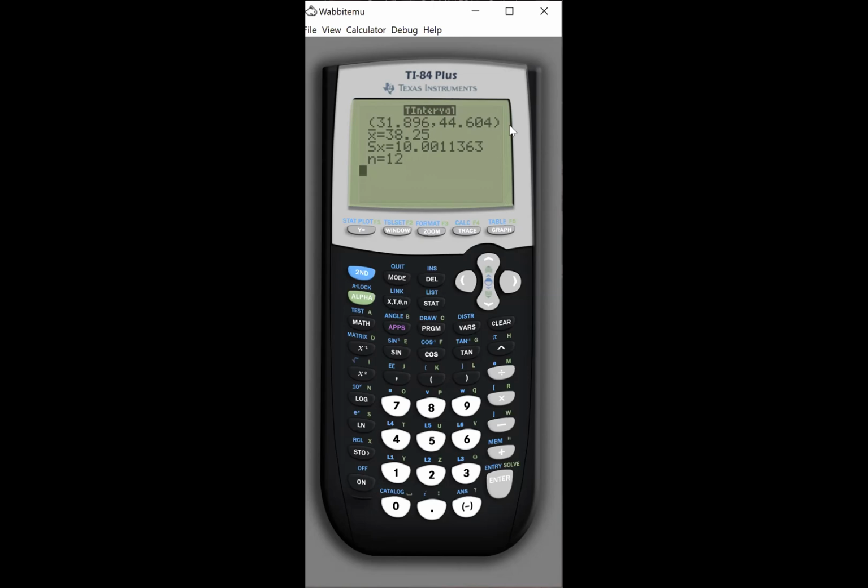All right, but that's it for that last prompt. Any question in regard to this last prompt? For the T interval, do you have to put it as a decimal, or does it not matter? No, it doesn't matter. The last one I put as a percent or a whole number, and this one I put as a decimal, so it doesn't really matter.